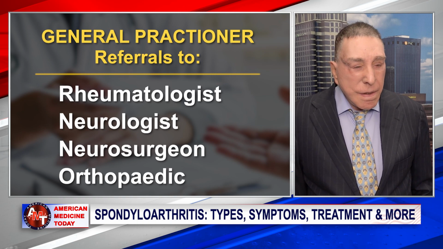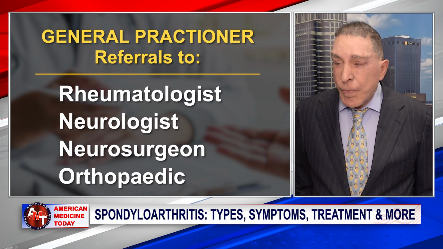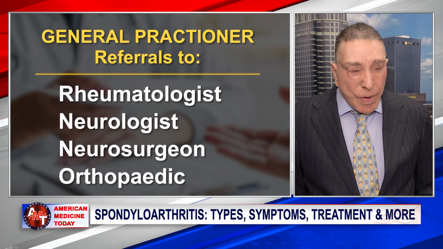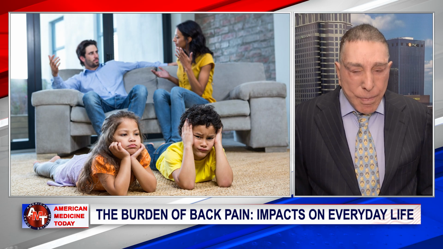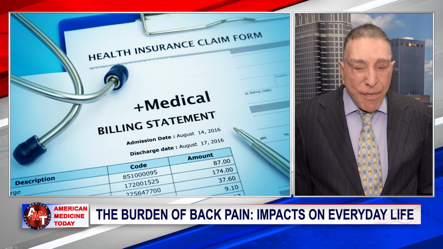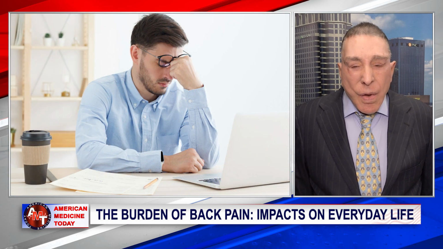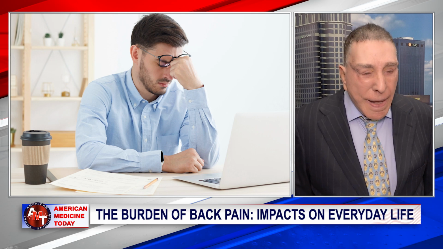Then the patient ends up in the hands of neurosurgeons or orthopedic surgeons, but nothing can be done. 80% of the population who suffer don't have any relief. It comes and goes, and not only affects the person, but the family, the income, the relationships, and their job.